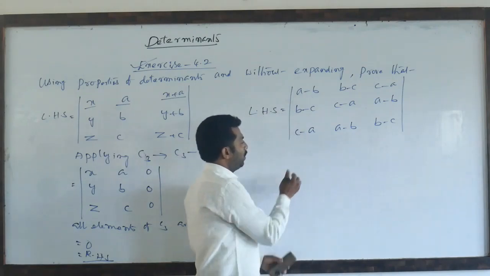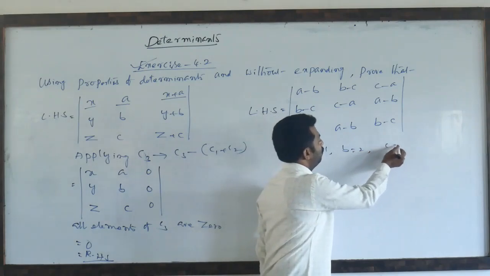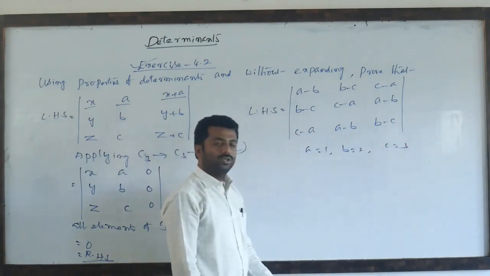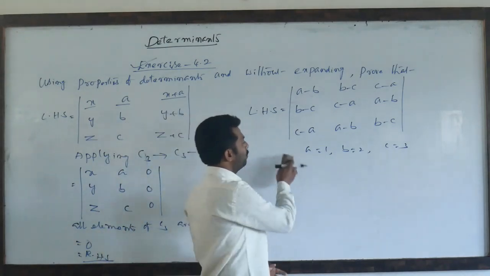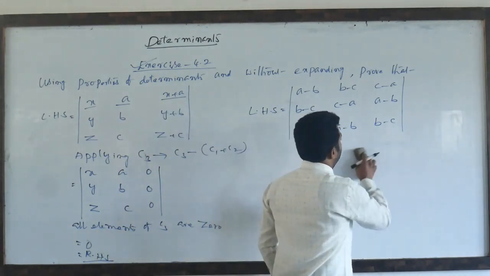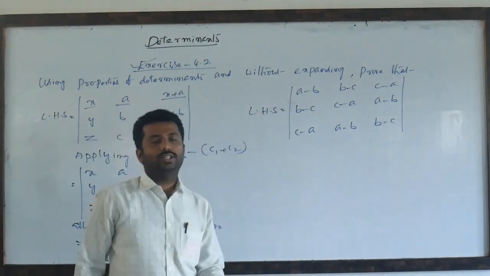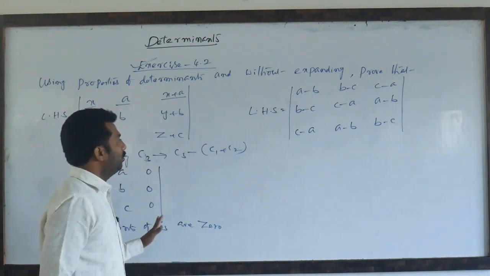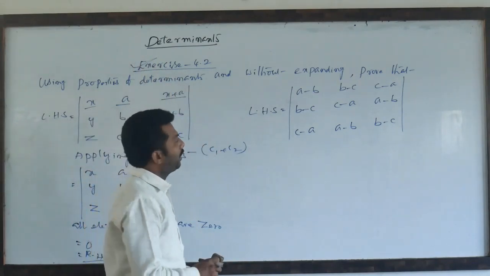Or a equal to 1, b equal to 2, c equal to 3 also works, and if you expand, you get determinant 0 only. But we should not apply these tricks. Substitutions are only for the entrance exam point of view; theoretically, you should not apply such tricks.